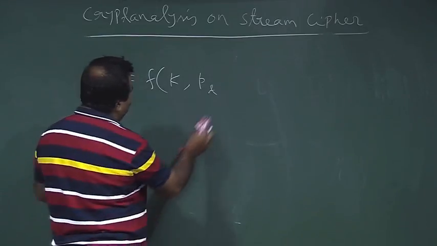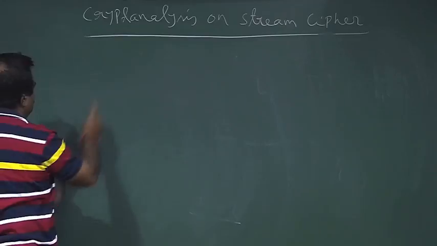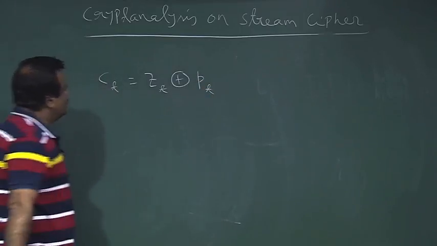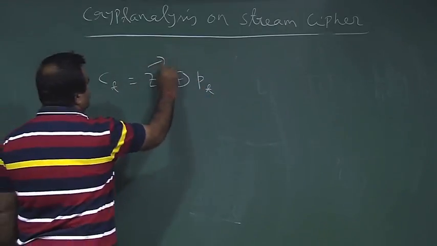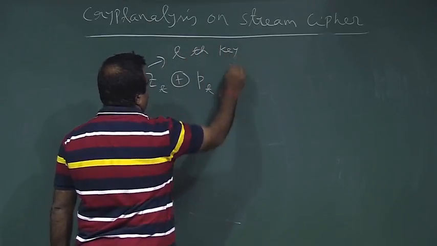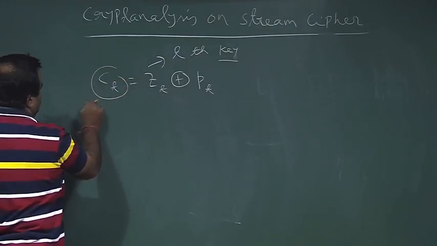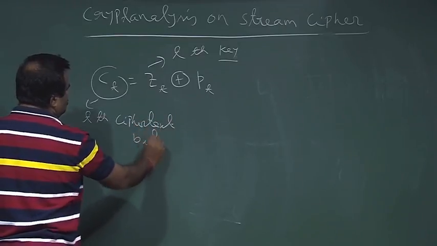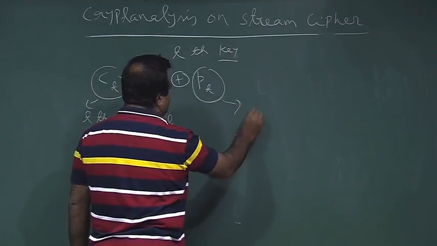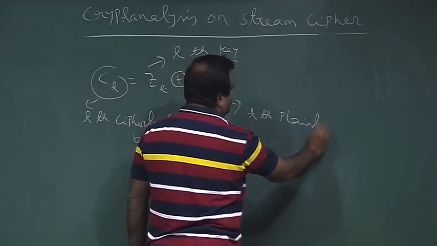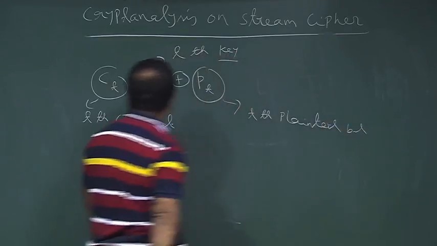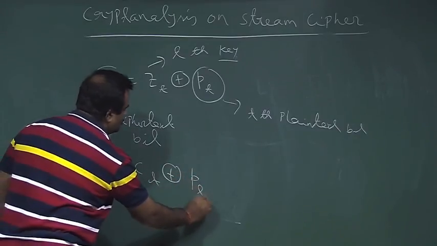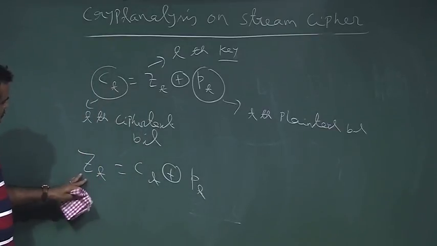What we are doing is getting Ct as Zt XOR Pt. Here Zt is the t-th key bit from the key stream, Ct is the t-th ciphertext bit, and Pt is the t-th plaintext bit. So Zt is basically Ct XOR Pt.